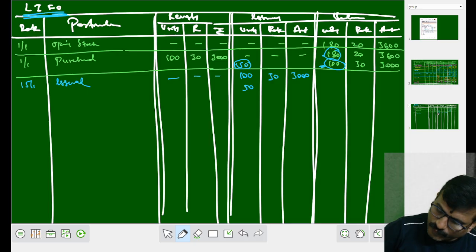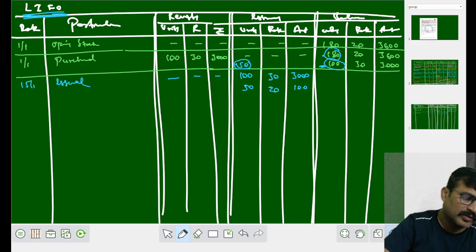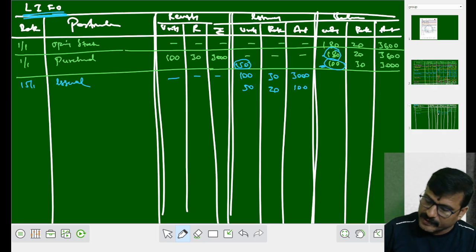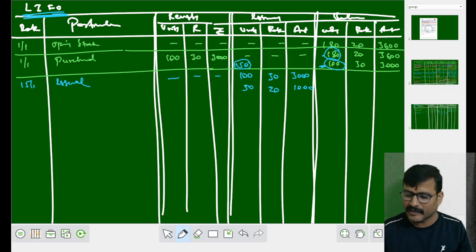That 50 has a lot rate of 20 rupees. 50 into 20 rupees comes to how much? Use a calculator, my dear children: 50 into 20 comes to 1000 rupees. Right? Then what is left?